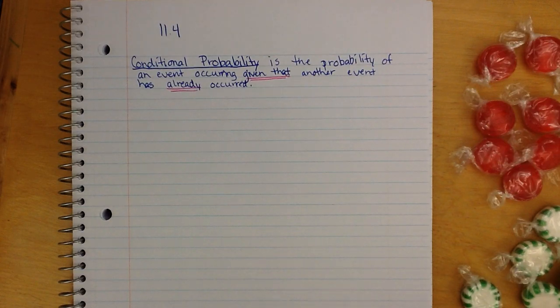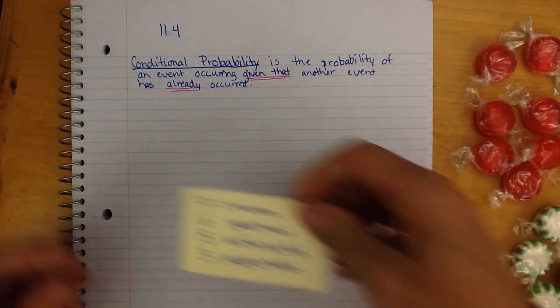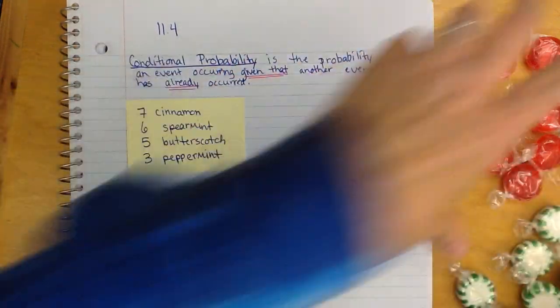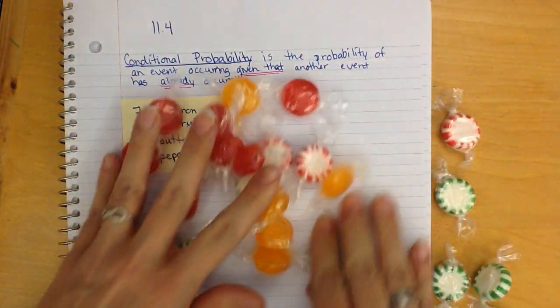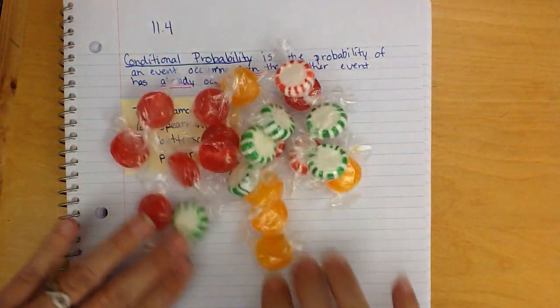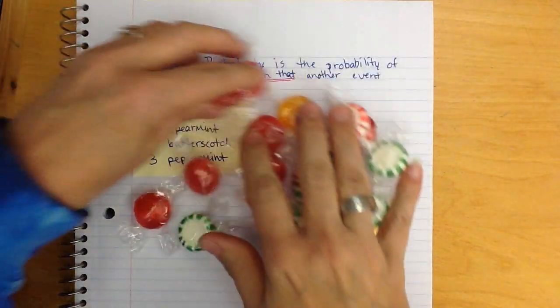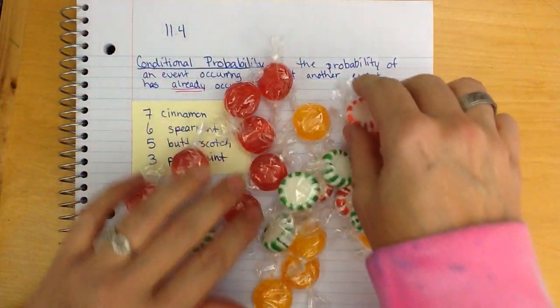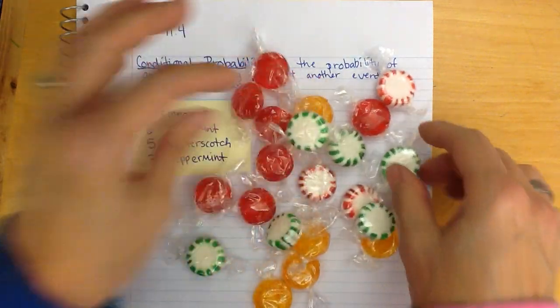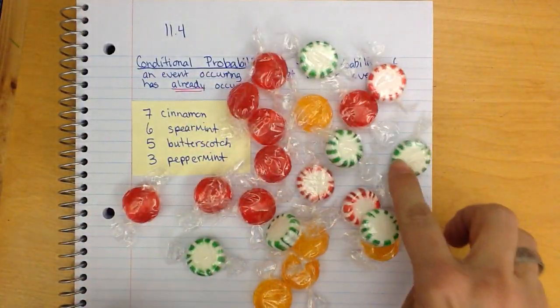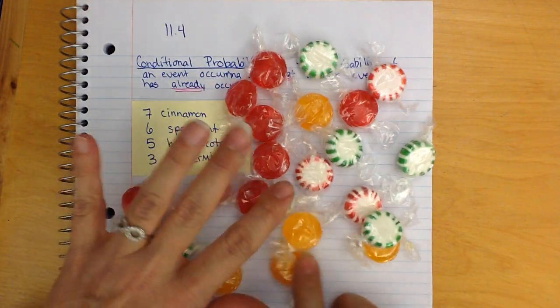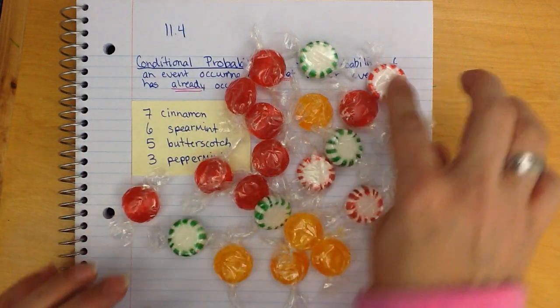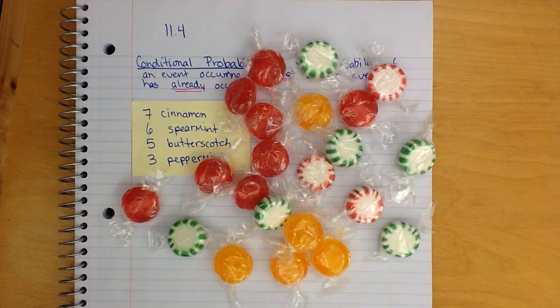So let's look at an example with some candies. I'm going to have my candies here. I have 7 cinnamon candies. I have 6 spearmint candies. Those are the green striped ones. 5 butterscotch and 3 peppermint, which are the red stripes.